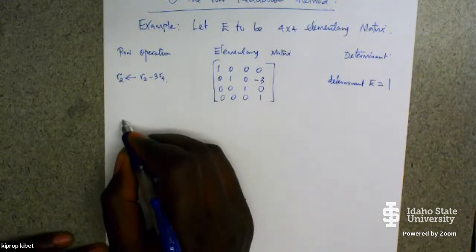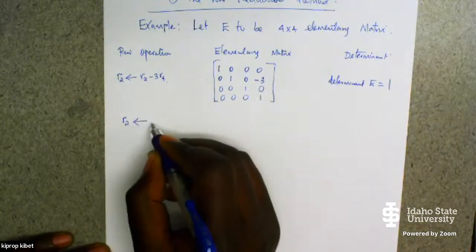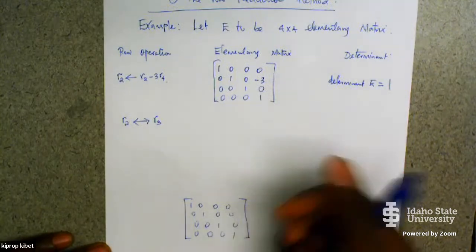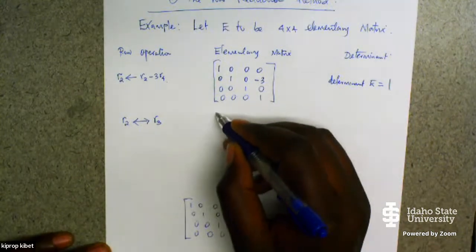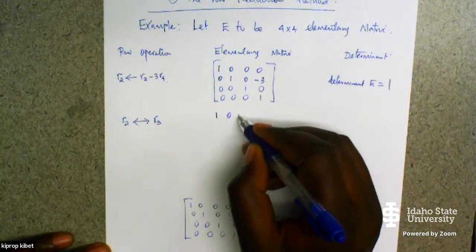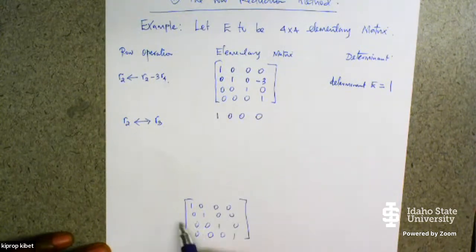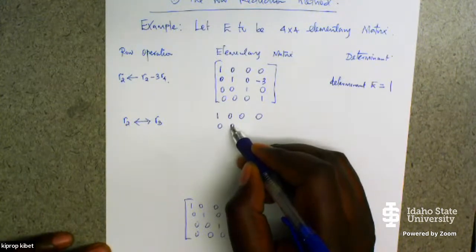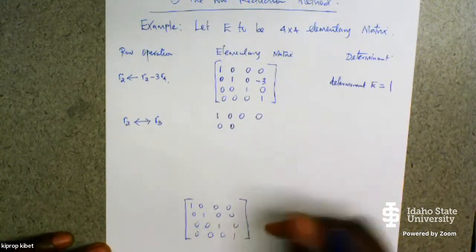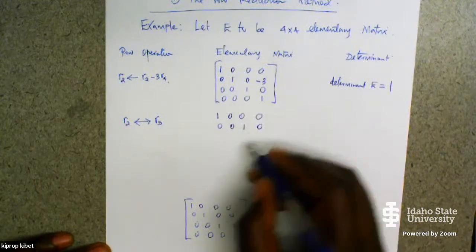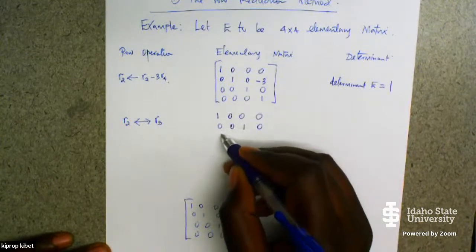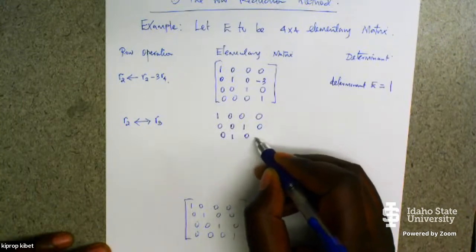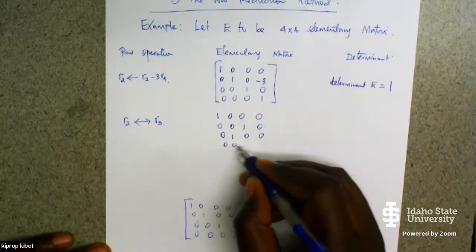Let's say we switch R2 and R3. Then we get 1, 0, 0, 0, then 0, 0, 1, 0, then 0, 1, 0, 0, and then 0, 0, 0, 1.